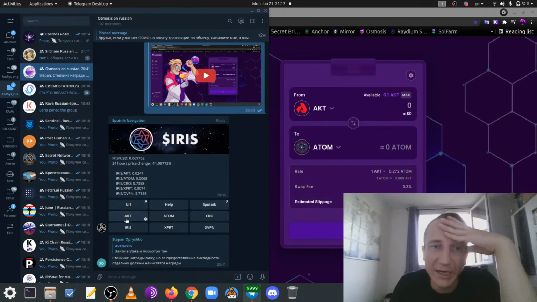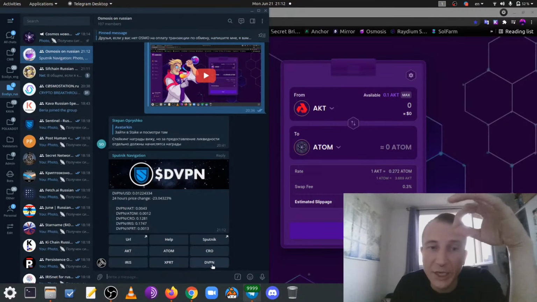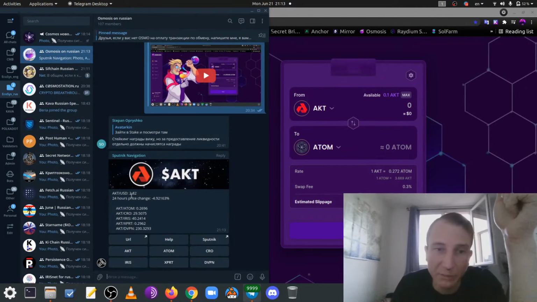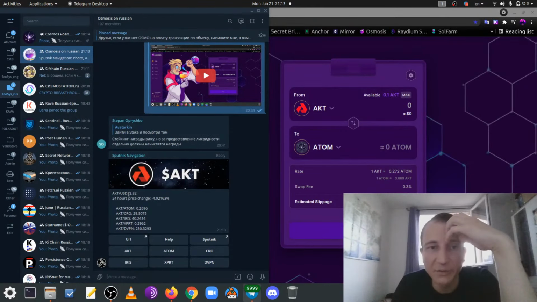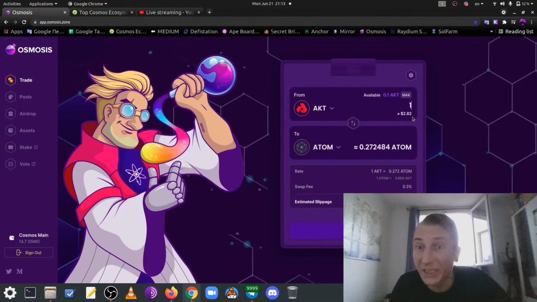And this is Akash, and this is atom, and this is Crow, and Iris, and XPRT, and DVPN. And every time you click, the bot looks at the CoinGecko API and gets the prices and gives you a fast answer. So now I know that one Akash middle price is 2.82, and look how much it is here, 2.82, totally the same.